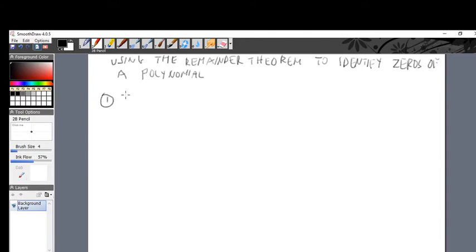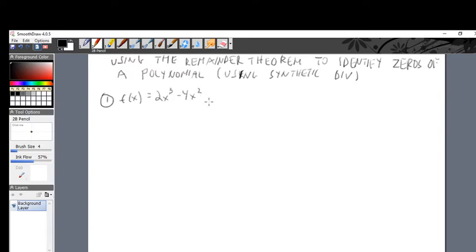The first one is f of x is equal to 2x cubed minus 4x squared, and let me put in parentheses up here that we're going to be using synthetic division, just like we did last time with the remainder theorem.